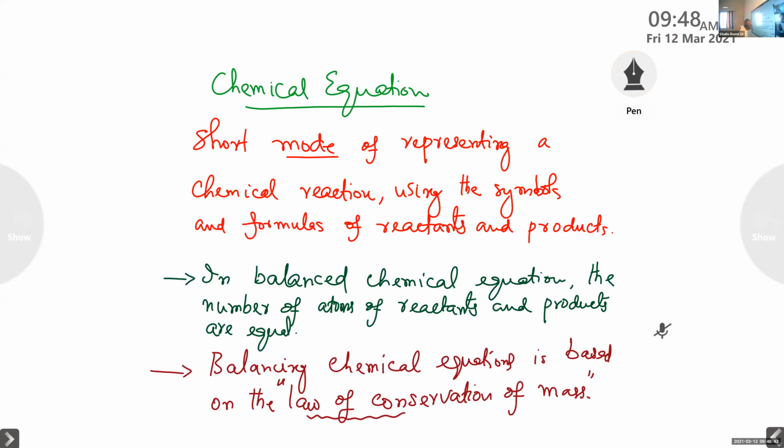What is the law of conservation of mass? Do you remember the law? Okay, I shall explain, I shall help you. So balancing a chemical equation is based on the law of conservation of mass. The question may be, what is the basis for balancing the chemical equation?